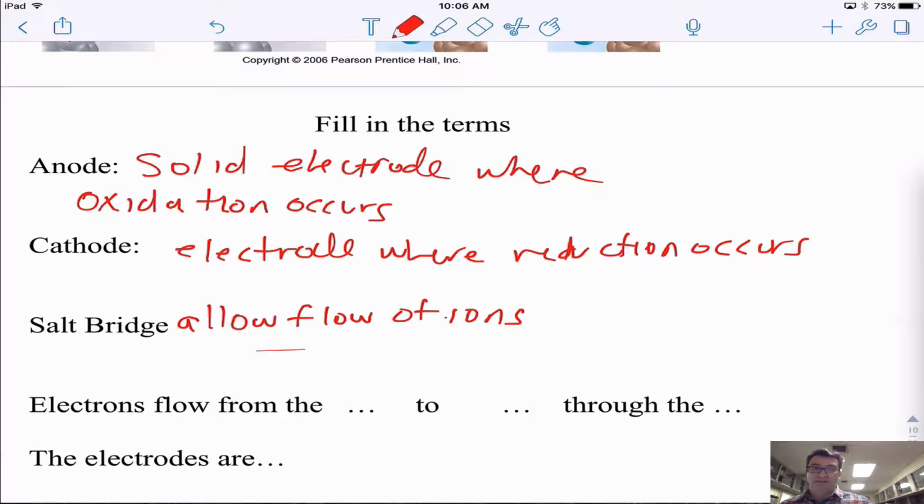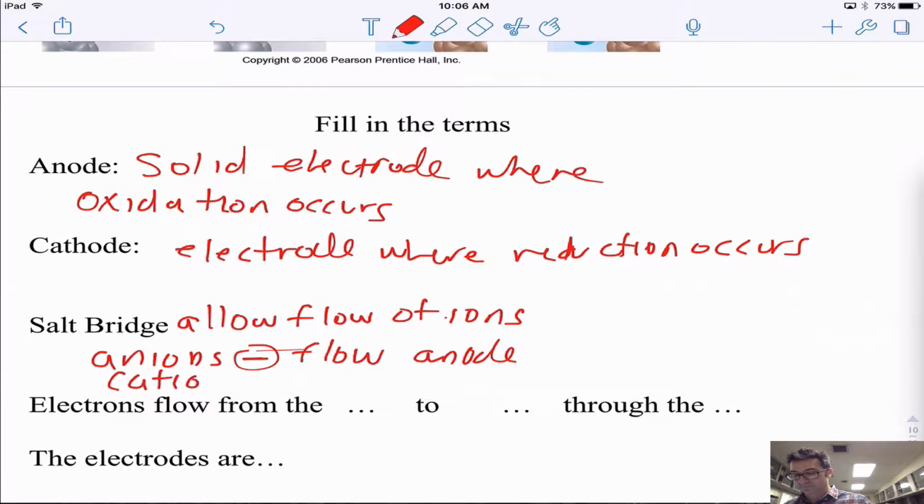Now, what you'll see with the salt bridge or with the porous barrier is that the anions, which are negative ions, will flow to the anode. And the cations, the positive ions, will flow to the cathode.